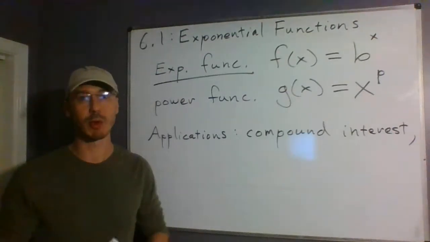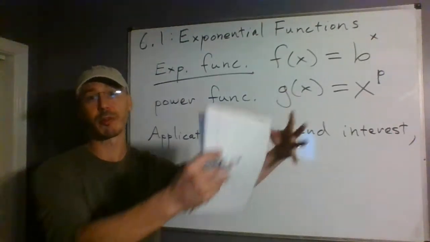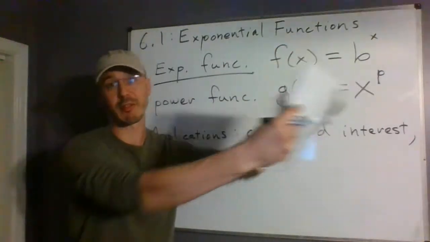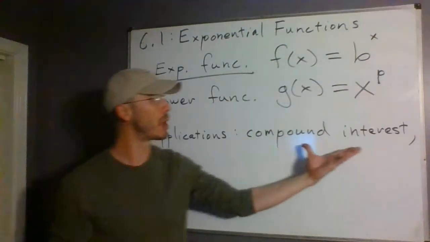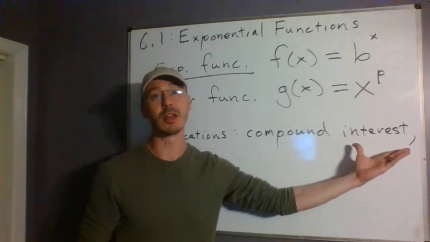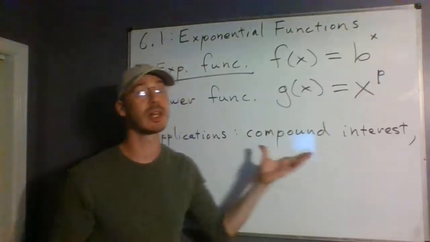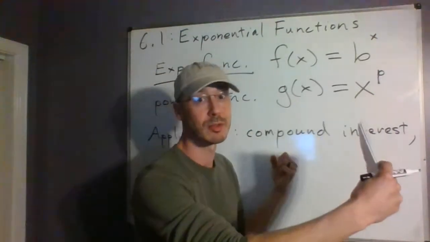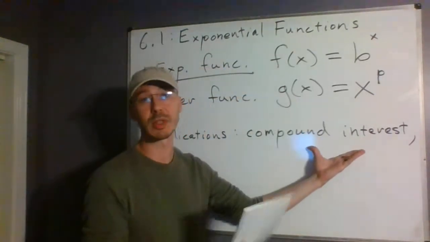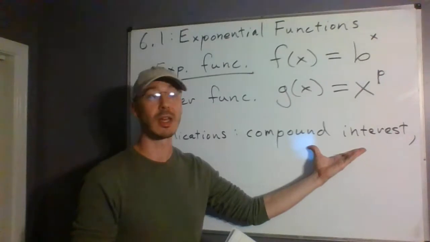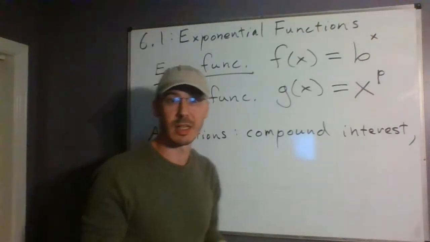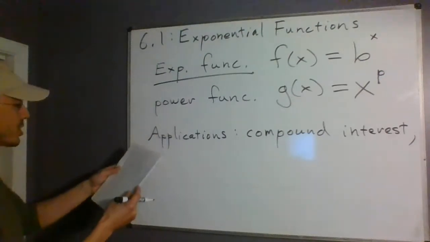It works the same both ways, whether you're getting money from your investment or you're paying extra money to the bank for having borrowed money. Compound interest means that the interest is computed not only on the original amount, but on the other interest as well. So it works for you in the case of retirement, and it kind of works a little bit against you in the case of loans or mortgages.